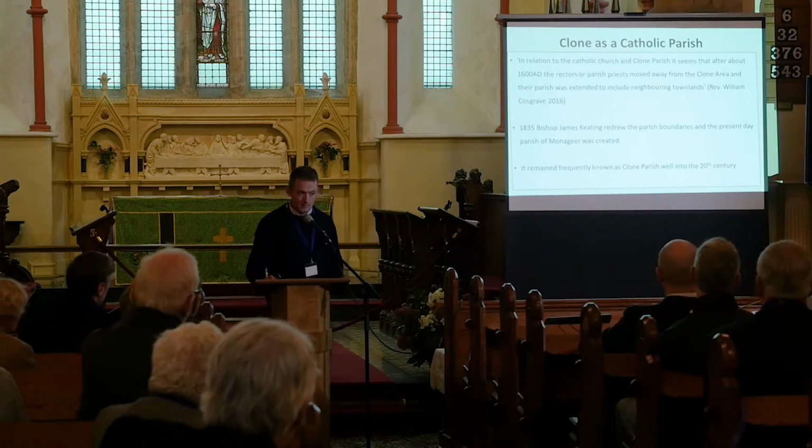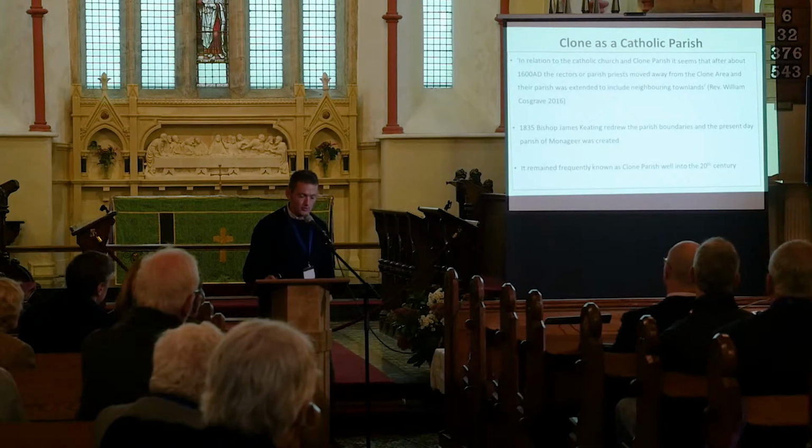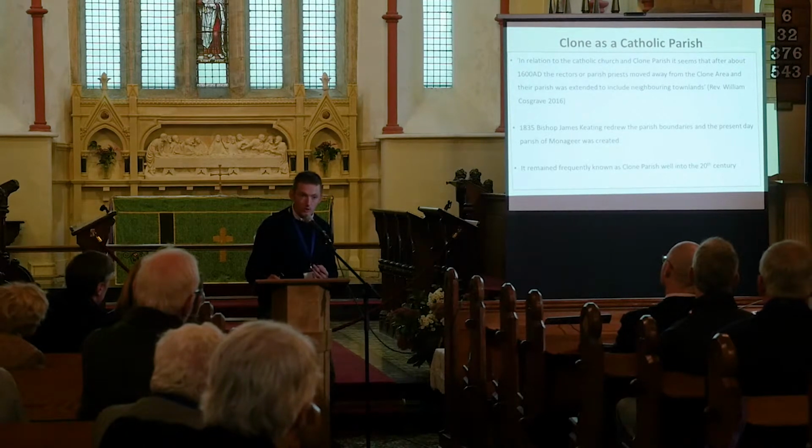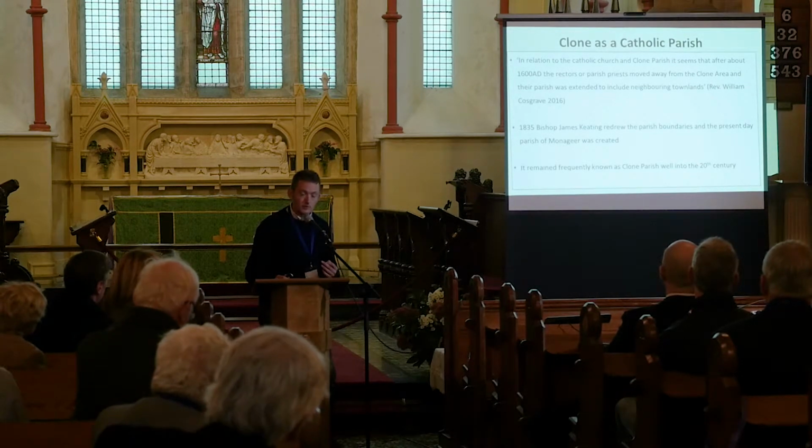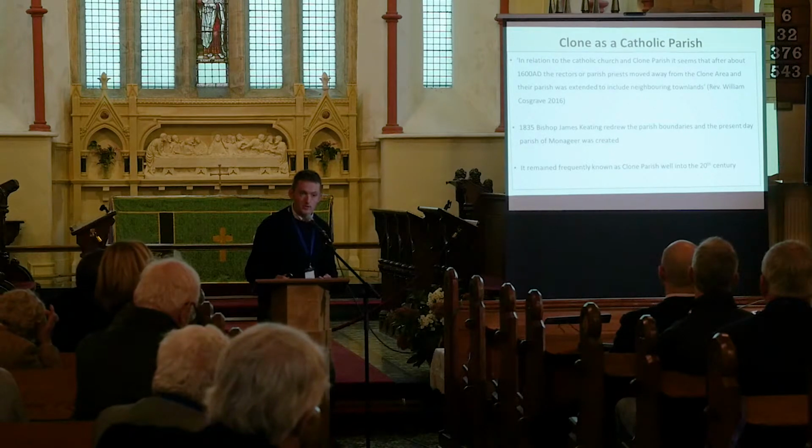In 1835, Bishop Keating redrew the parish boundaries, and what was essentially the medieval Clone parish became amalgamated into the modern Monageer parish. But yet we see that it was known to the locals as Clone parish well into the 12th century.